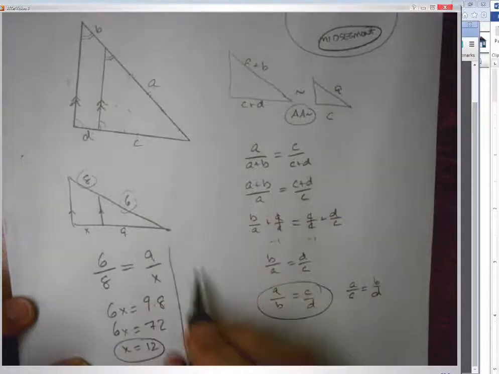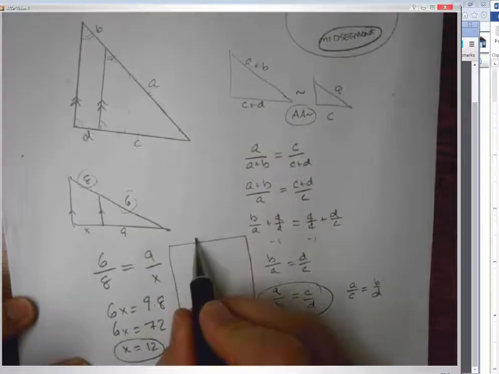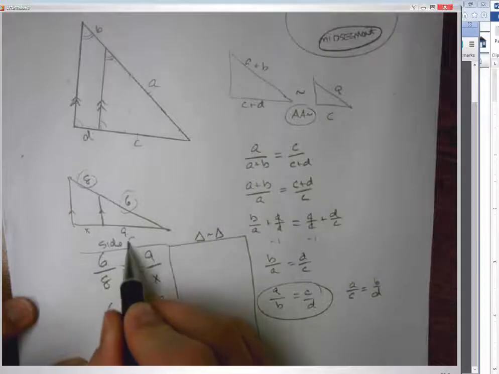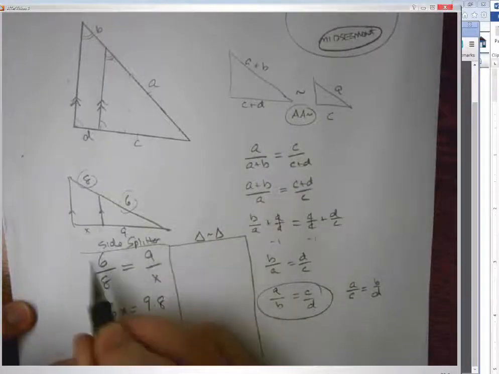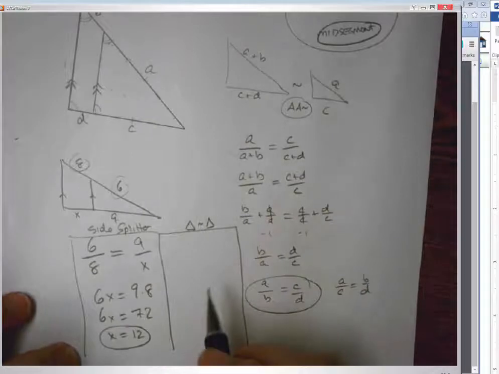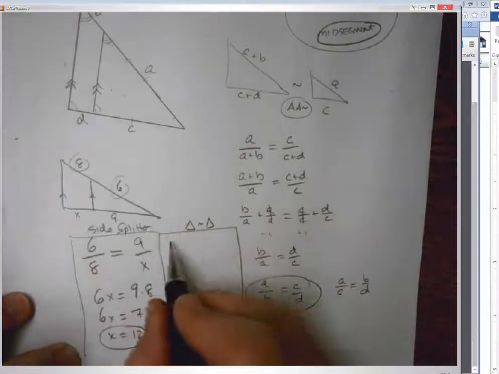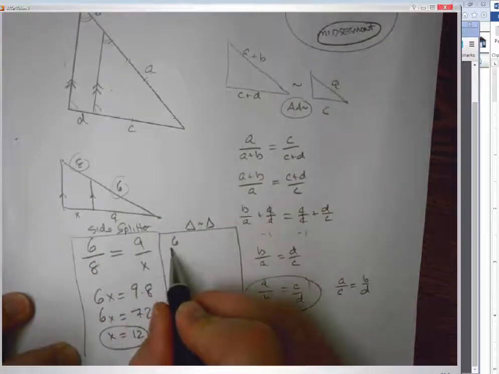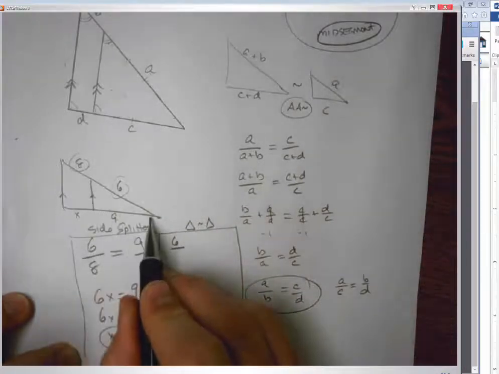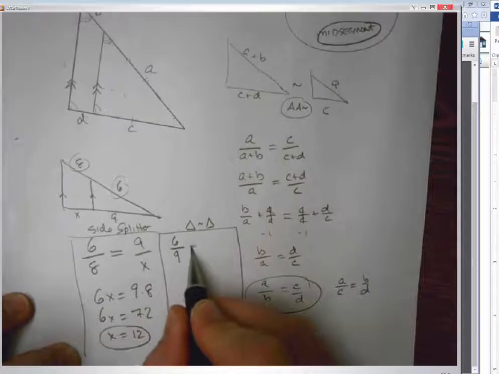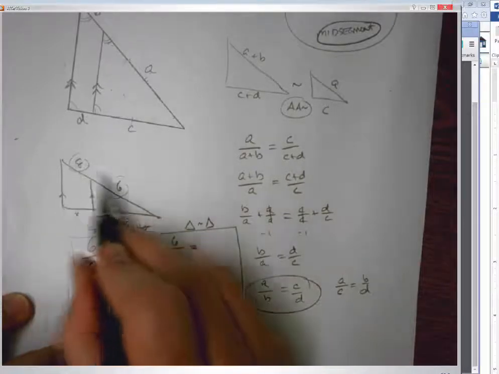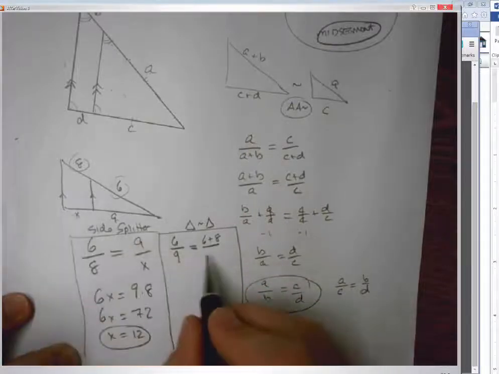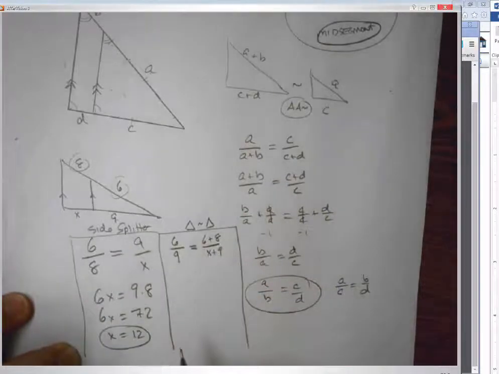Now I could have done this by treating it as similar triangles. In similar triangles, I would have had to say that the hypotenuse-looking side of the little triangle is to the flat side of the little triangle as the hypotenuse of the bigger one is to the flat side of the bigger one.